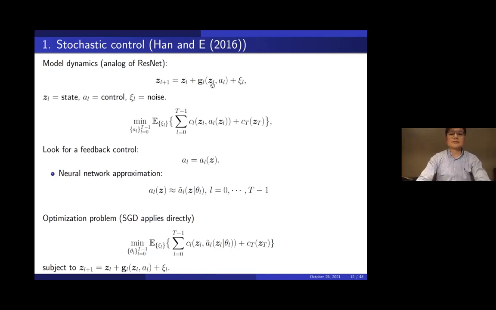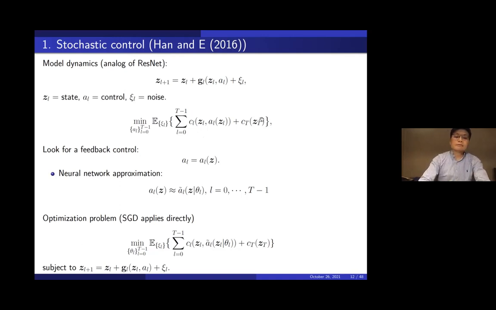This is the dynamical system. Xi is the noise, and A is the control. Z denotes the states, and we want to choose the control to minimize this expected cost, running cost plus terminal cost.